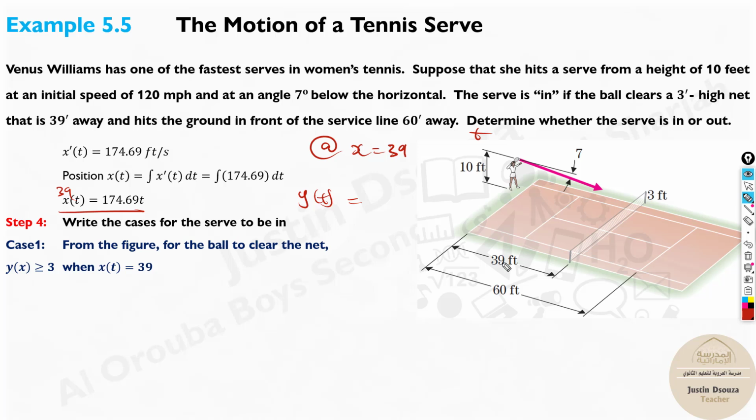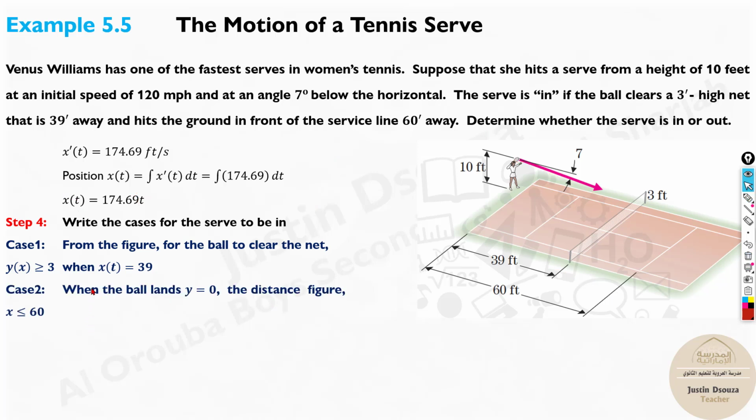Next, what happens when it touches the ground? The height y of t will be 0. So we solve y of t equal to 0 and find the time. Then substitute the time in the horizontal distance and you can find whether it's outside or inside the boundary line. So these are the two conditions.